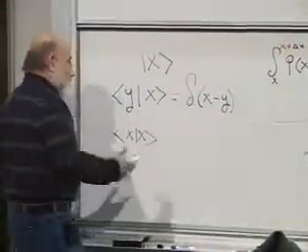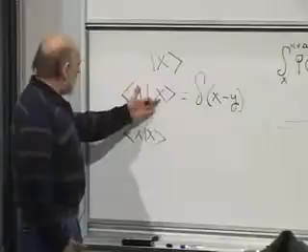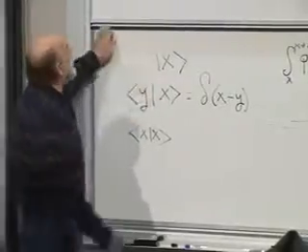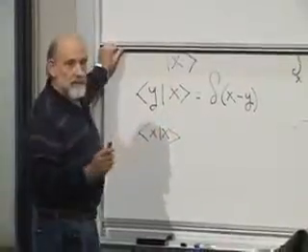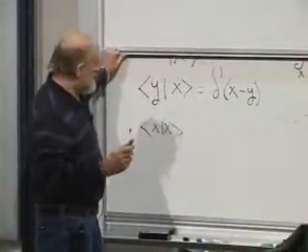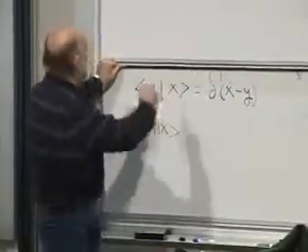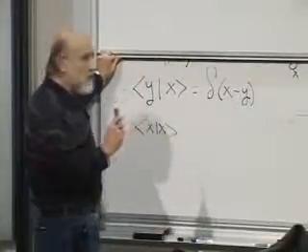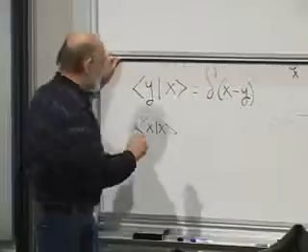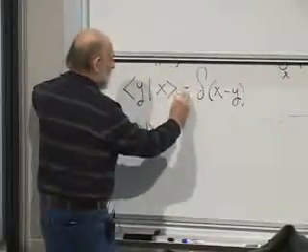No, the inner product is a number, but it depends on which x and which y. Well, come back to here. It's the Dirac delta function. If the thing on the right-hand side of the equal sign is a function, then so is the left side, since x is a variable.